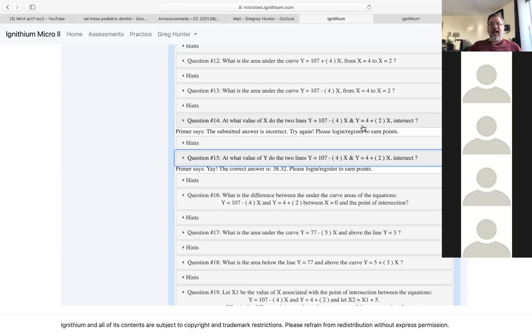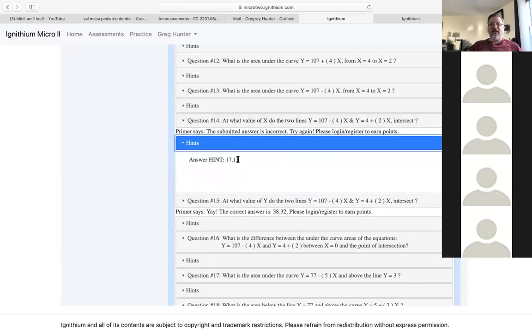So just like I did, the 17.17, I decided to substitute it into the second one because it's 4 plus 2x, and that's really easy for me to calculate in my head, right? So 2 times 17.17 is 34.34, right? Yeah, 2 times 17 is 34.